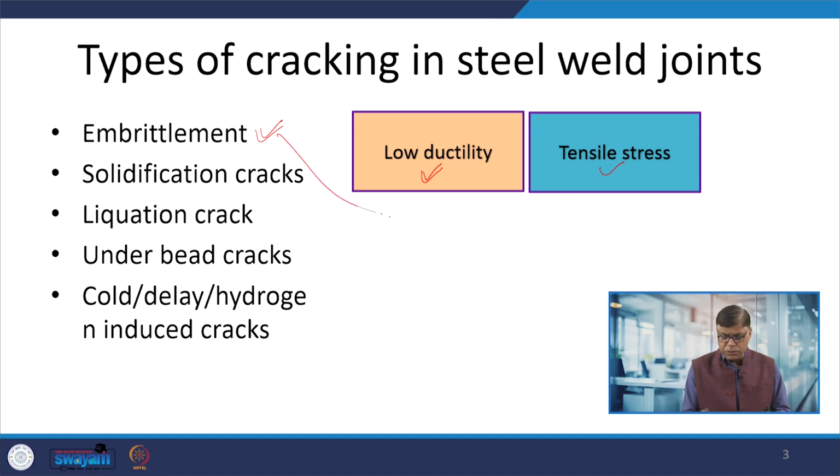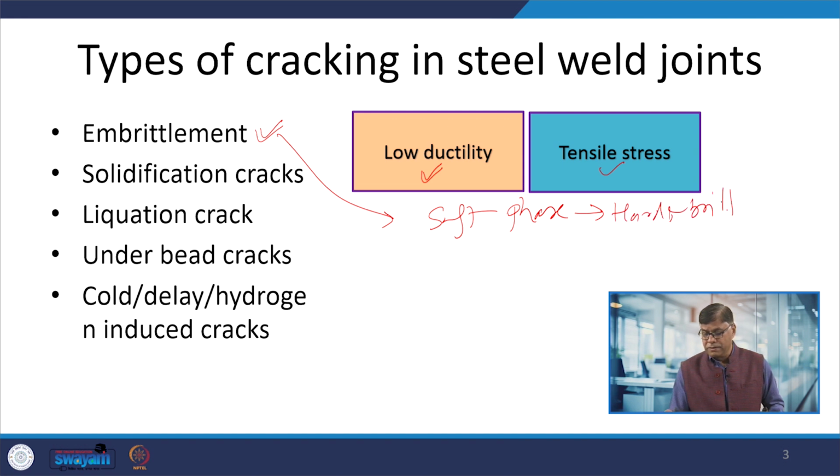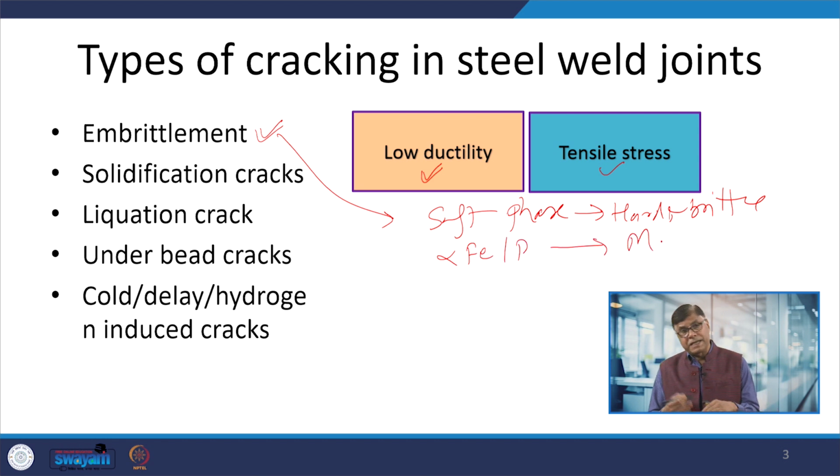The most common embrittlement in carbon steel is due to the transformation of soft phases into hard and brittle phases, like alpha ferrite or pearlite transforming into martensite. This can happen in the weld zone, and also in the heat affected zone.